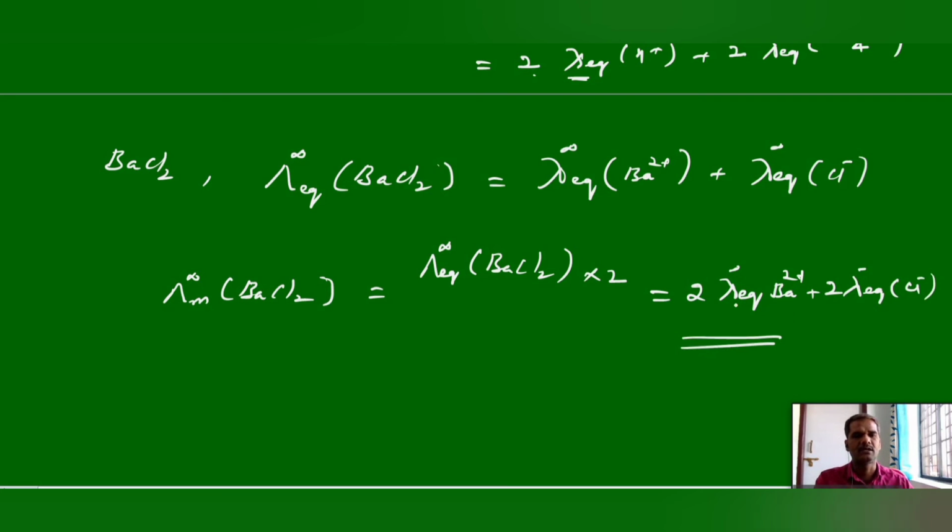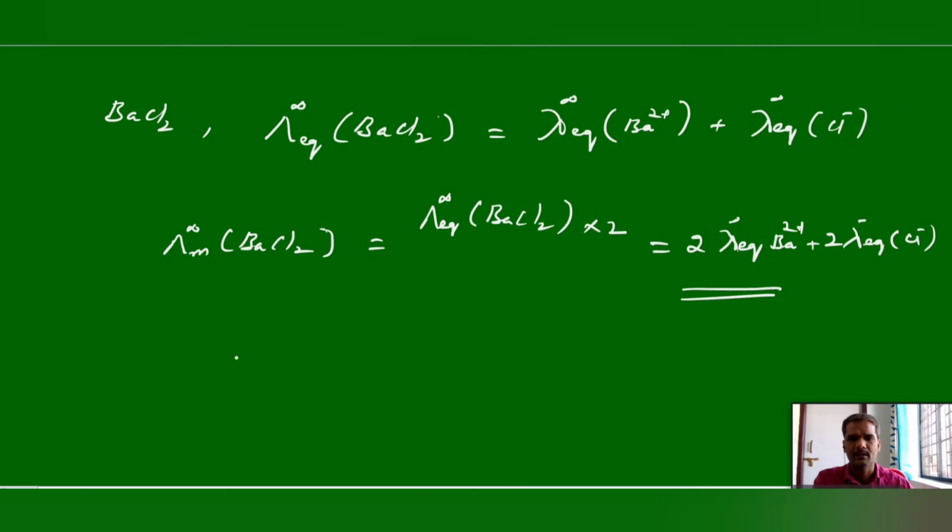Lambda equivalent is nothing but molar ionic mobility into n factor by n factor. N factor for barium 2 plus gets cancelled out, and for Cl minus n factor is 1, so it remains 2 times the molar ionic mobilities. These 2 cases are very important.